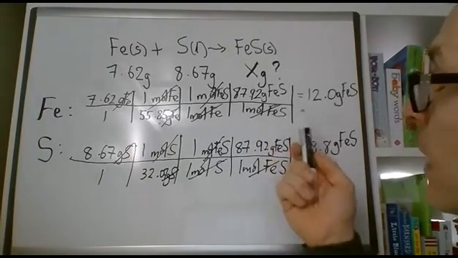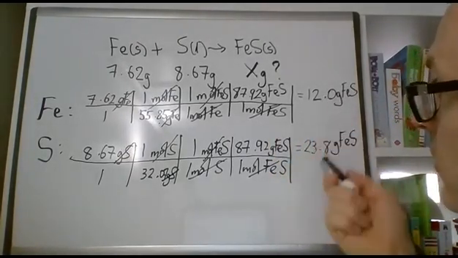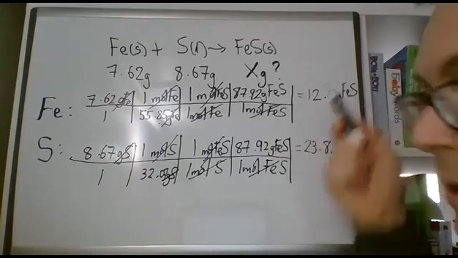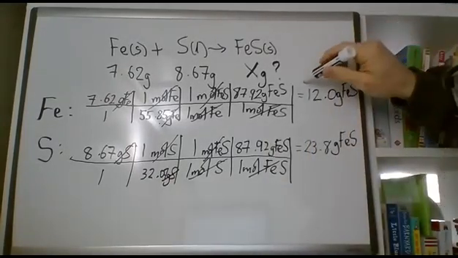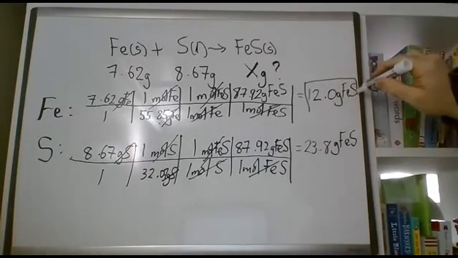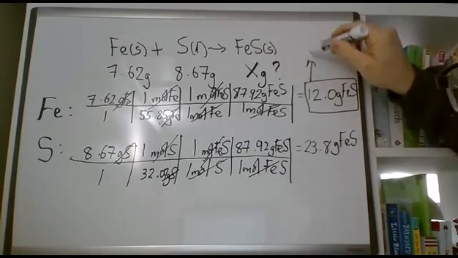Now, you've got two possible answers, but only the smallest one actually happens. The smallest value, we said last time, is called the theoretical yield.